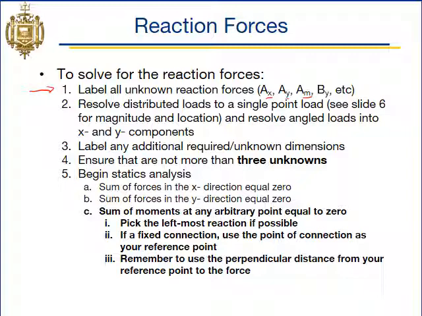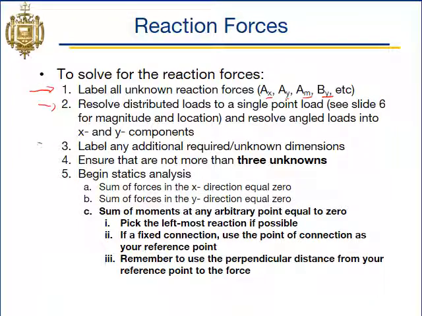Maybe there's a B and you have just a reaction in the Y on the B. So just figure out what type of connection you have and then label those unknown forces or moments depending on the type of connection. Second step, resolve all those distributed loads to a single point load. That way you can do your static equilibrium analysis.